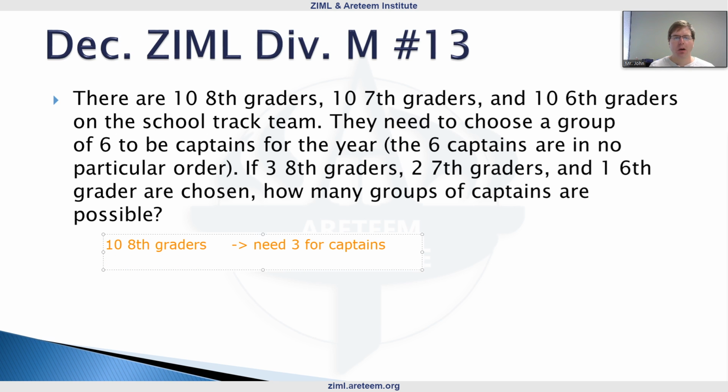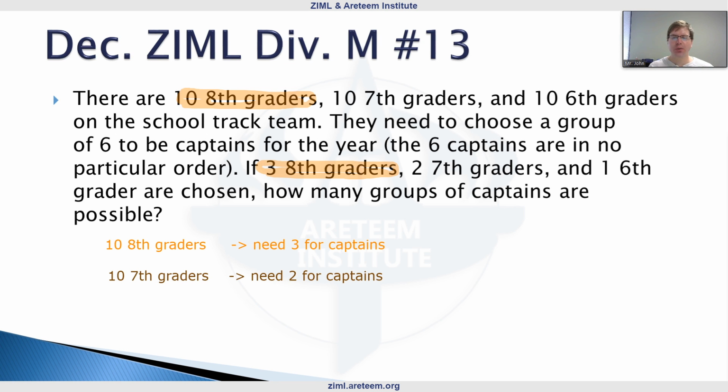And hopefully everybody sees that this exact same thing is going to be true with slightly different numbers for the 7th graders and the 6th graders, right? So if we type these out as well, there are 10 7th graders, and we're going to need 2 of them for captains. And likewise, we need 1 of the 10 for the last grade here.